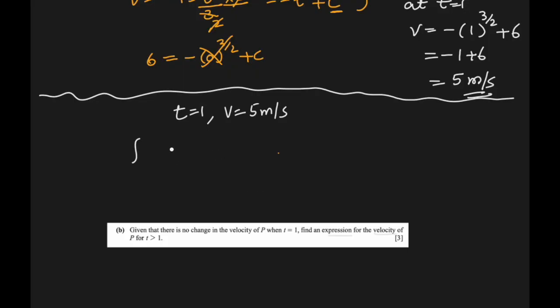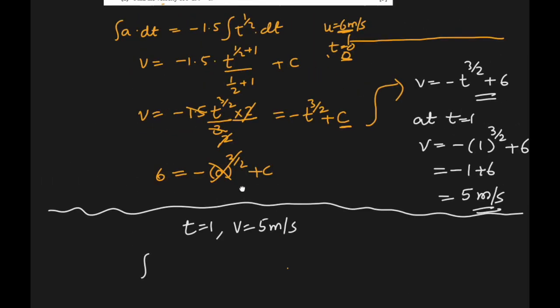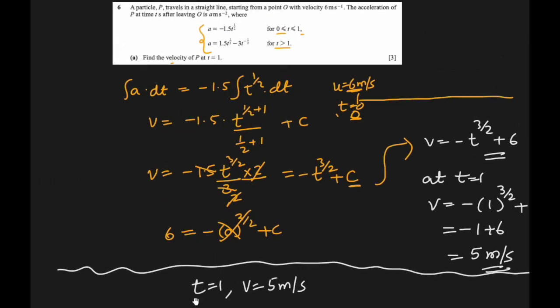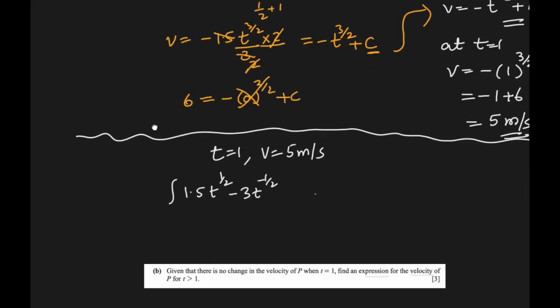So we'll again integrate the equation of the second part. 1.5 t to the power half, and minus 3 t to the power minus half. That is acceleration.